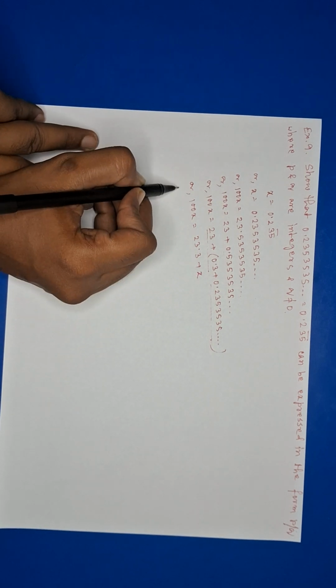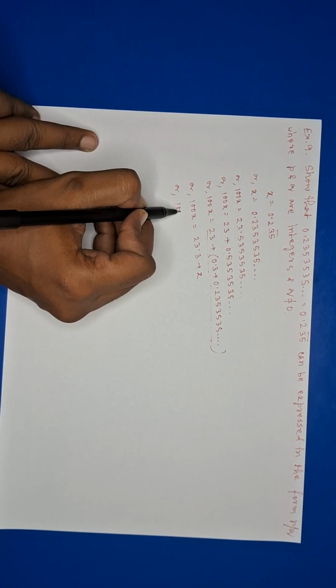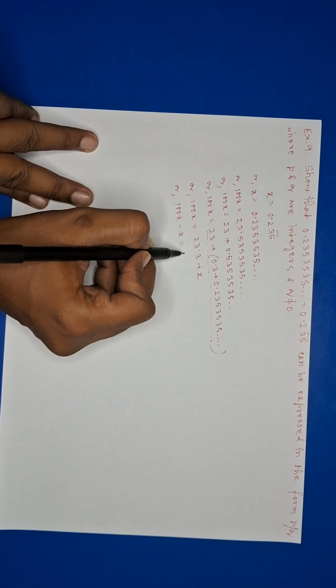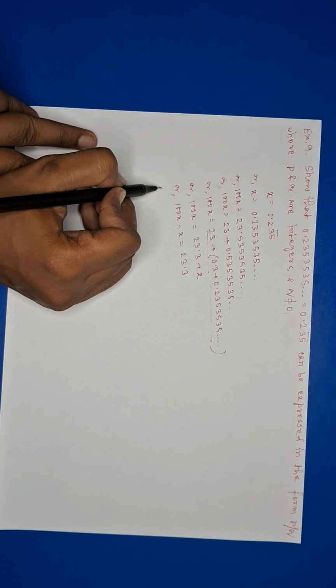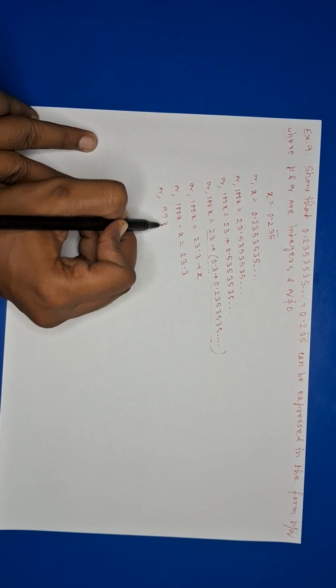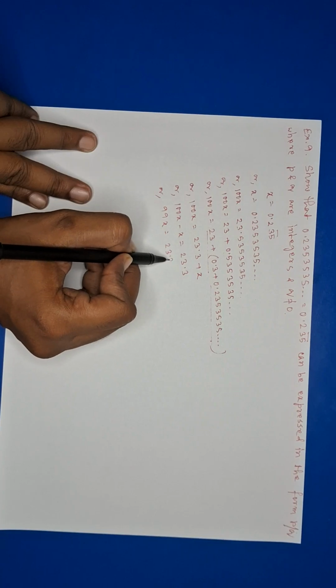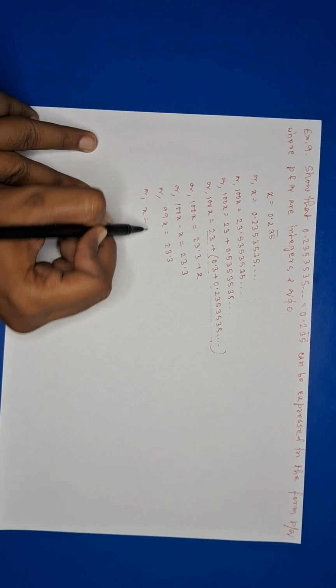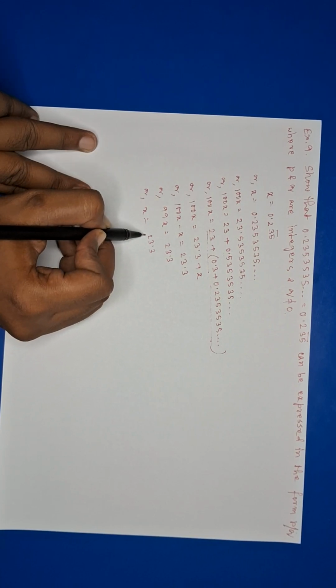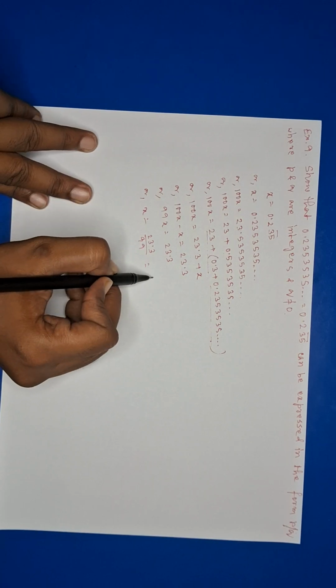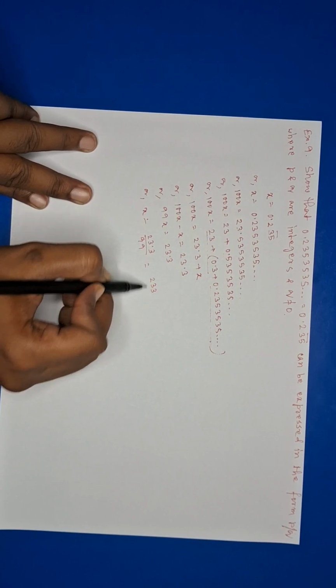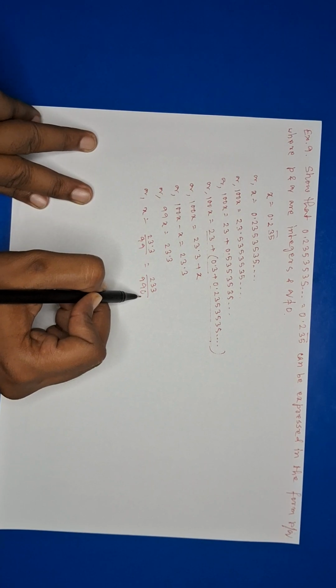So now 100x minus x is equal to 23.3. Now 99x is equal to 23.3. Now x is equal to 23.3 by 99, which is equal to 233 by 990.